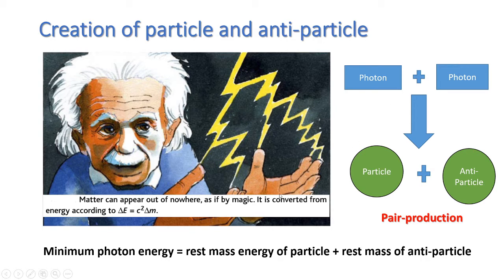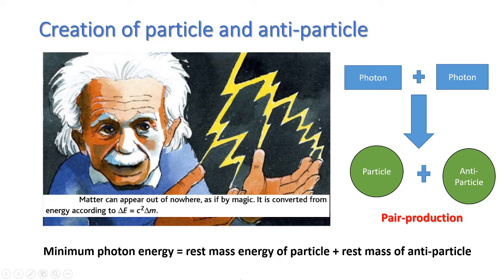When we think of the minimum photon energy, we can say that the rest mass of the particle and antiparticle together is the minimum energy that the photon has to create them.